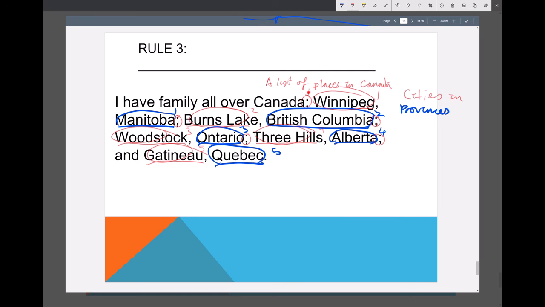These are separating the cities in their respective provinces. So you have Winnipeg, Manitoba; Burns Lake, British Columbia; Woodstock, Ontario; Free Hills, Alberta; and Gatineau, Quebec. So you can use semicolons as, we can call them, super commas in lists.